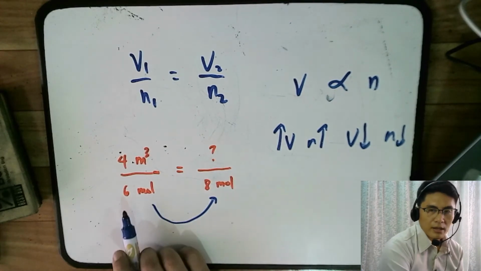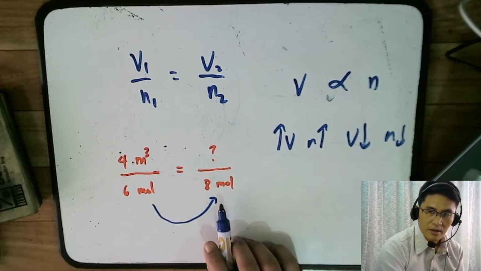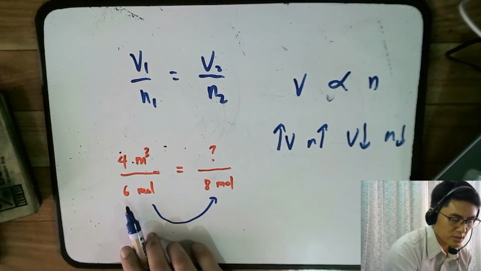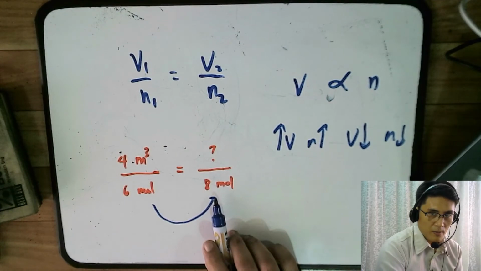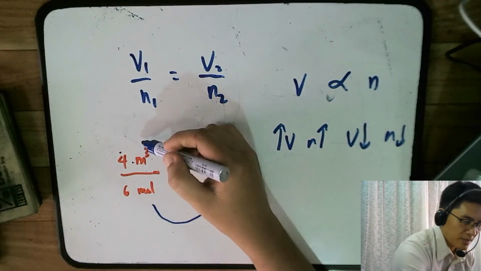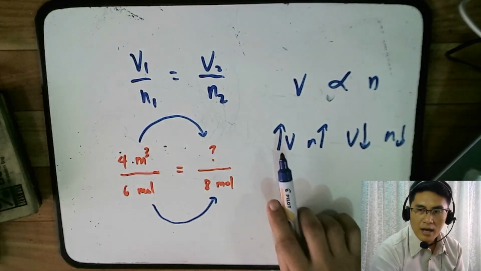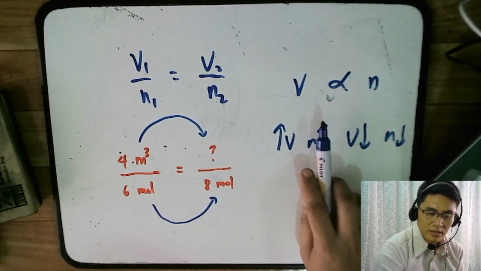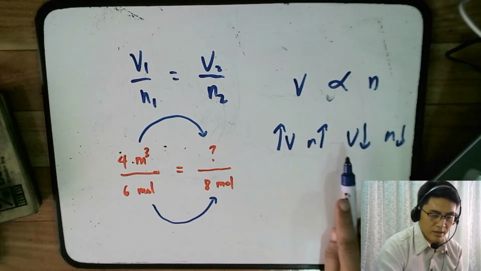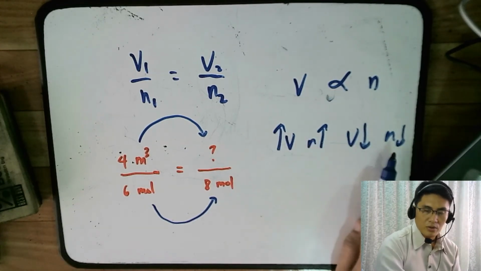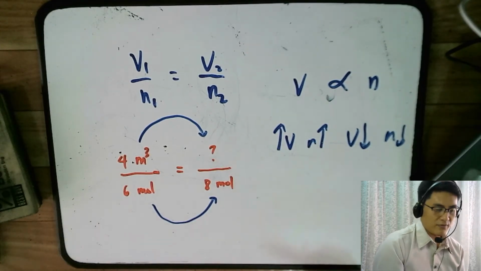What do I multiply to 6 so that it becomes 8? And that will be the same factor that will go in here, because remember, they have this direct proportionality. So if this goes up, the other also goes up, and if this goes down, the other also goes down, and they do that by the same factor.